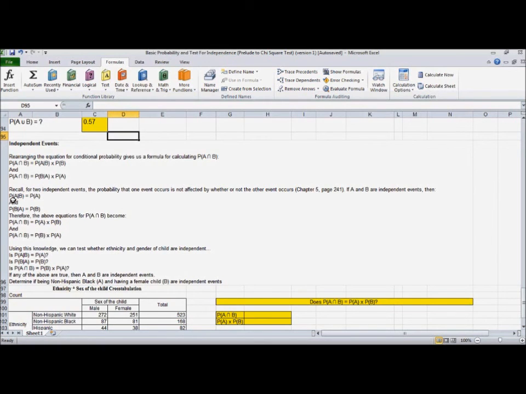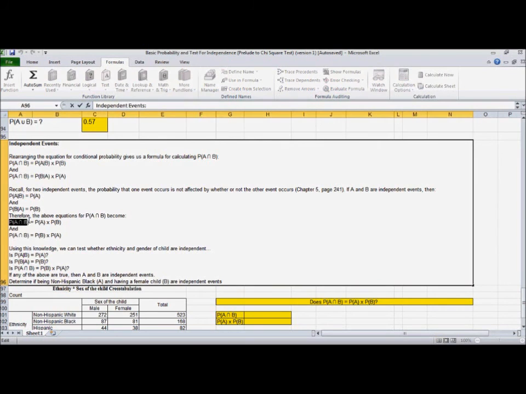So the probability of A given B will equal the probability of A, and the probability of B given A will equal the probability of B. So when that is the case, this formula becomes simply A times B. If the probability of A given B equals the probability of A, that's this part here, then the formula for the intersection of A and B equals A times B.